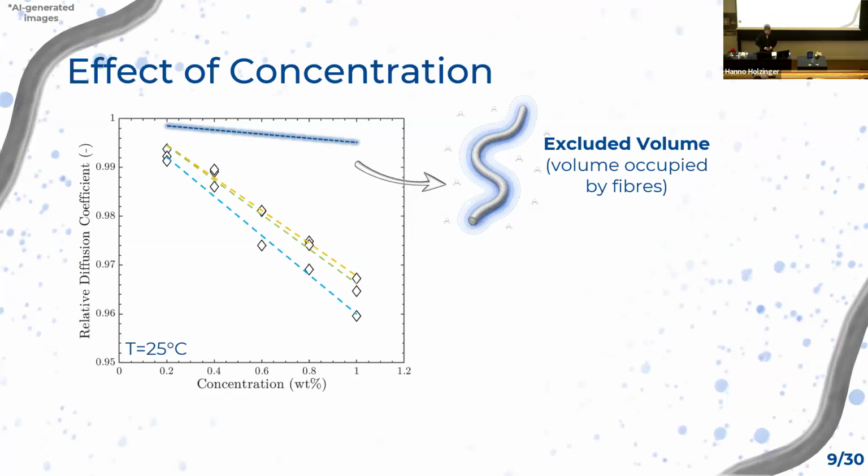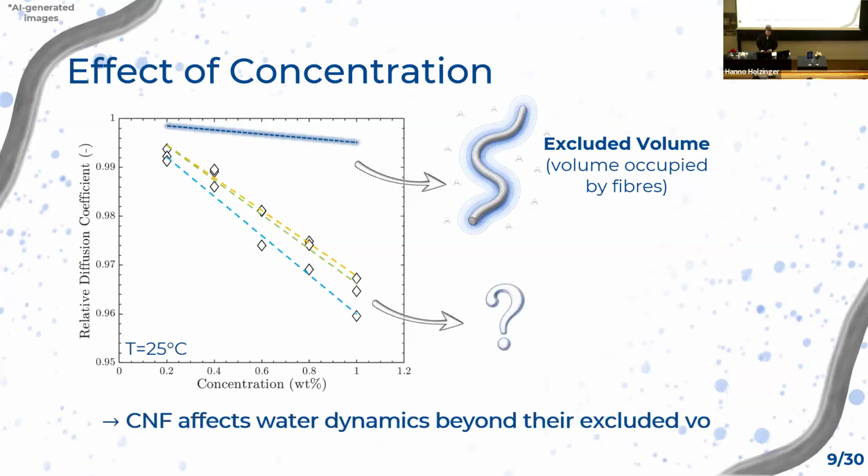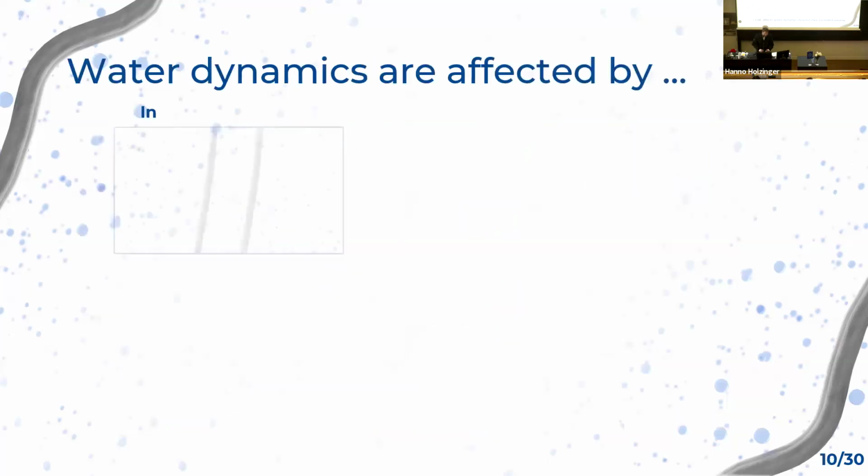So it was rather interesting that we saw the strong decrease, and we were wondering what kind of factors could be responsible for this strong change. So exactly, we saw that cellulose nanofibers affect the water dynamics beyond the excluded volume, and we came up with a hypothesis and a few factors that we think influence the water mobility.